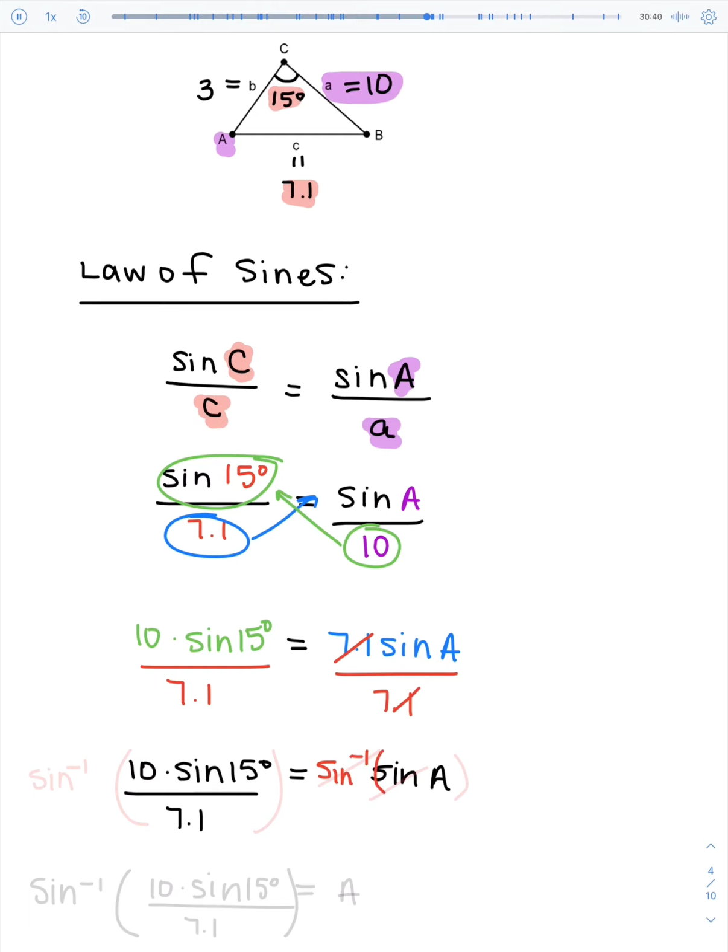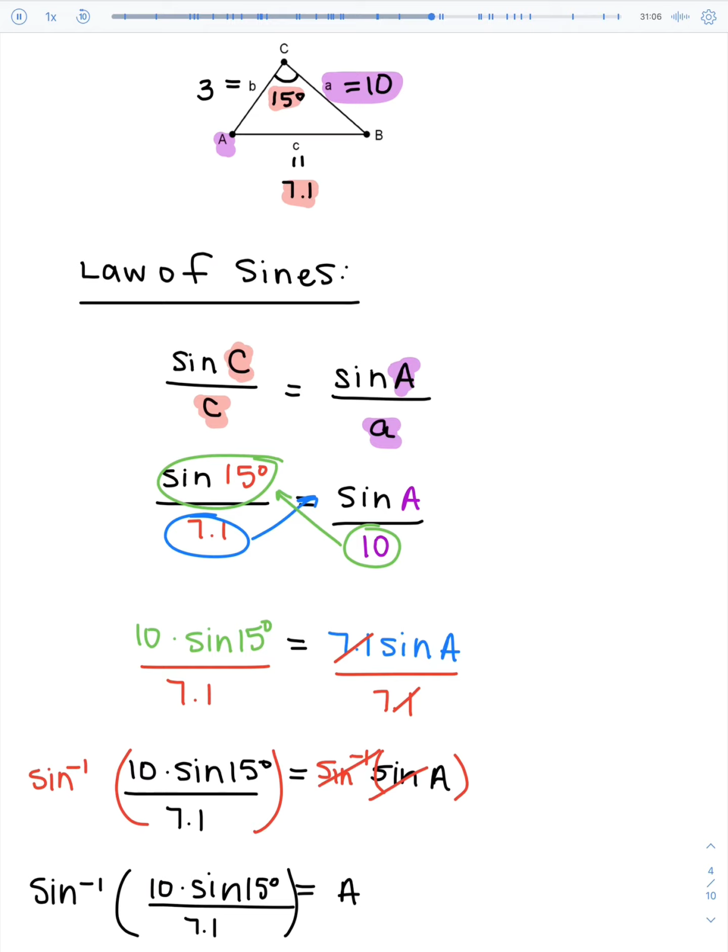Do not forget your parentheses when you do this, because we're going to be taking inverse sine of that entire fraction. That'll get rid of our sine on the right-hand side, leaving us with just angle A. So we should be typing in inverse sine of 10 times sine of 15 degrees over our 7.1. And let's see what we end up with.